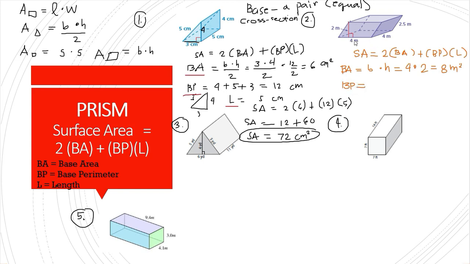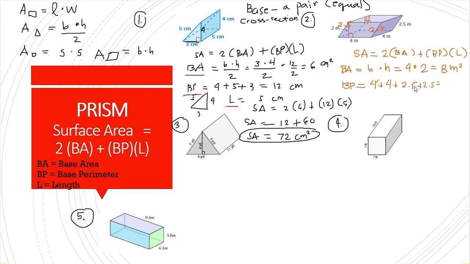Now let's find the base perimeter. Alright, as you can see, if this is 4 right here, and then this is 2.5 here, this should also be 4 here, and this should also be 2.5. So your base perimeter is actually 4 plus 4 plus 2.5 plus 2.5.